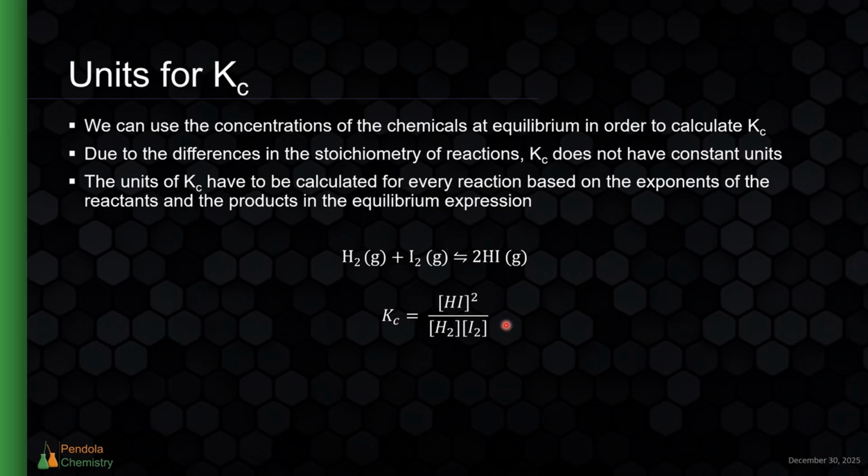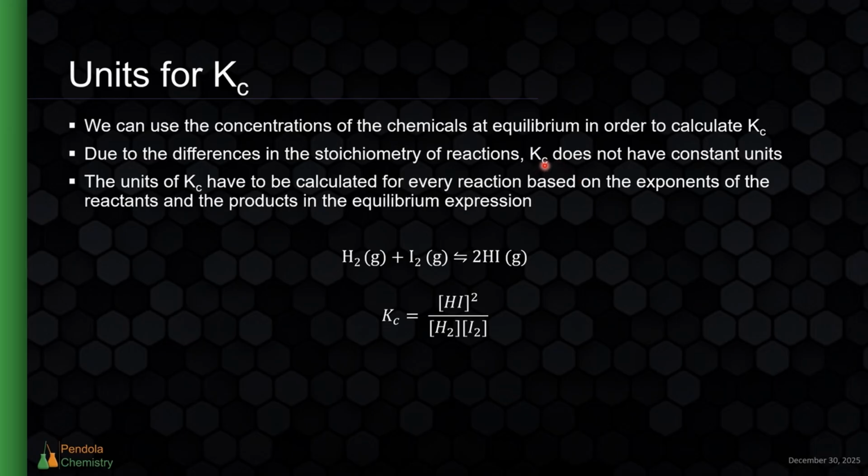But because the equilibrium expression is going to be different for different reactions based on the stoichiometry, based on how they were balanced and the numbers of the coefficients, Kc can have what we call variable units. There are always going to be some combination of moles and cubic decimeters, but they are going to change and be essentially two different exponents.